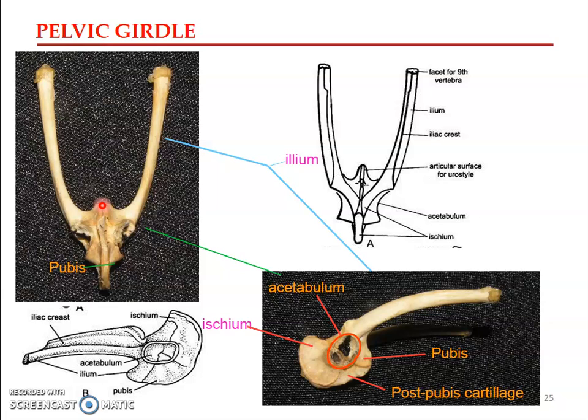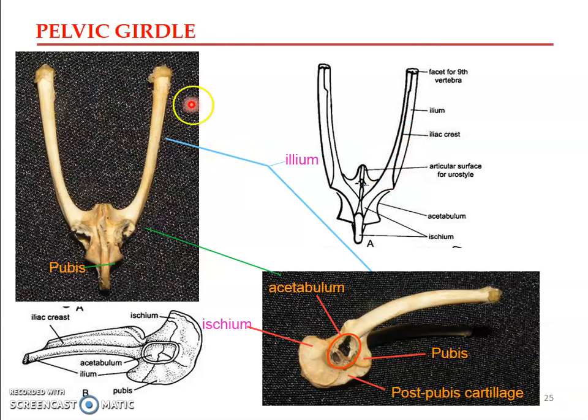The ilium bears a prominent dorsal vertical ridge known as the iliac crest. It is not clearly visible over here, but in the figure it is marked. It is a prominent ridge, and both the ilia fuse posteriorly.